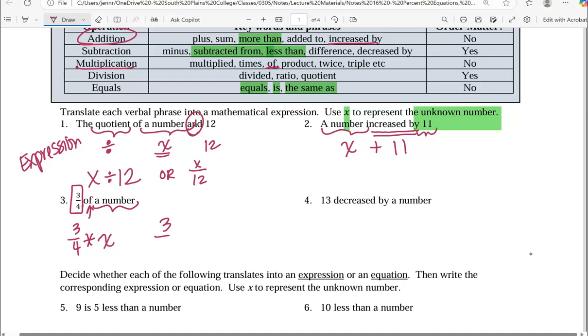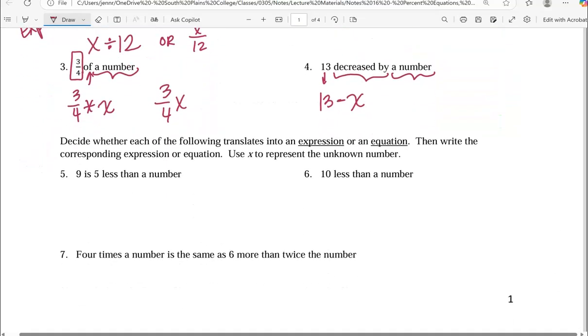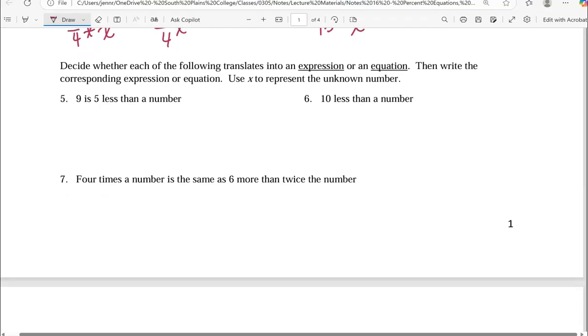So I have 3/4 x. Next I have 13 decreased by. Decreased by is in the subtraction list. A number is x. Okay, we're getting this. Let's do a couple more.